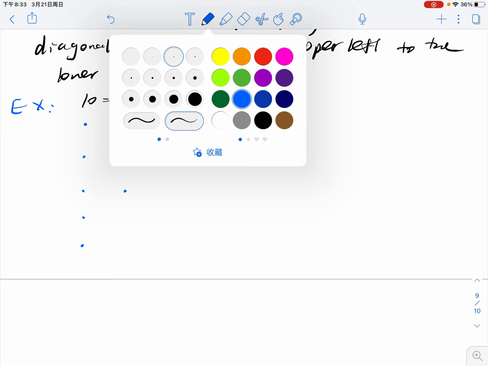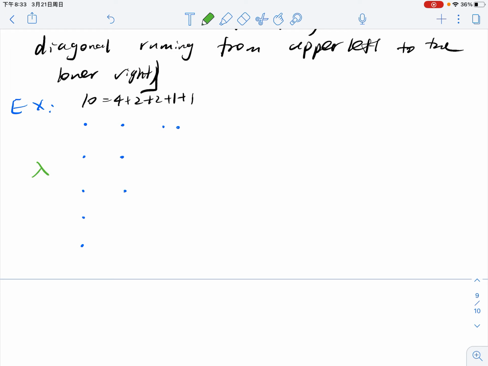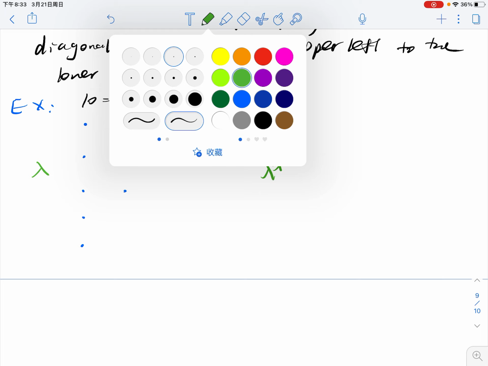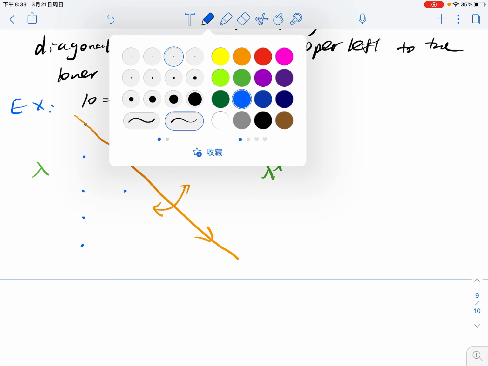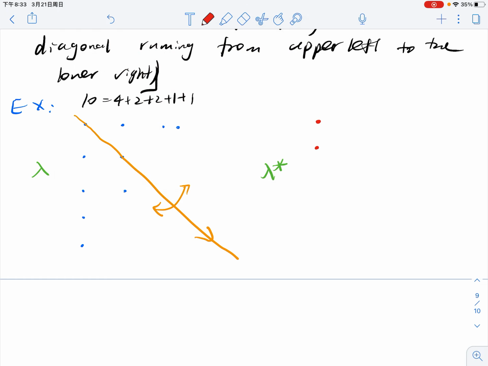And what is the lambda star? You do need to flip, so the flip will be along this diagonal. Or you change the rows and columns.